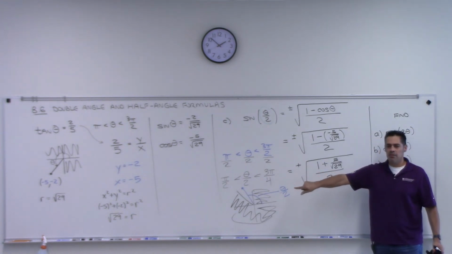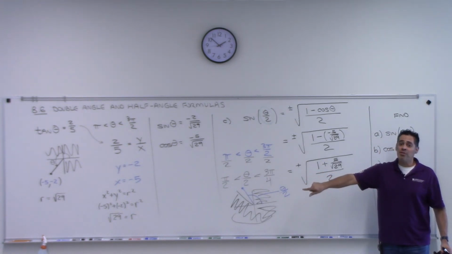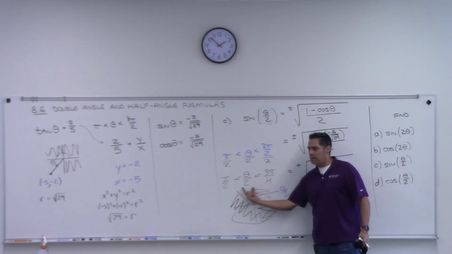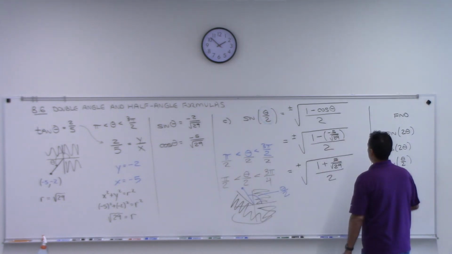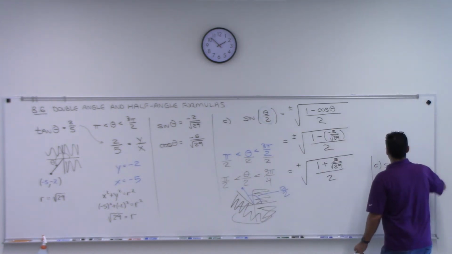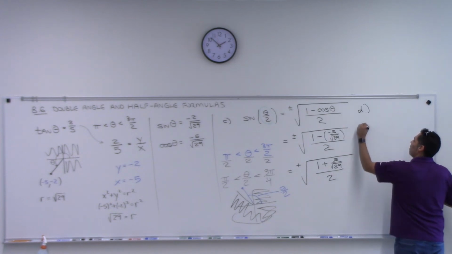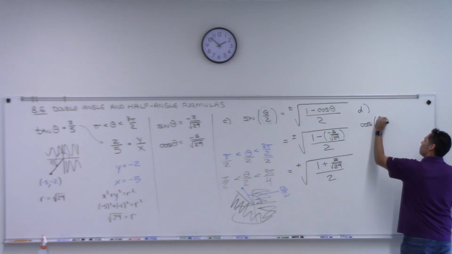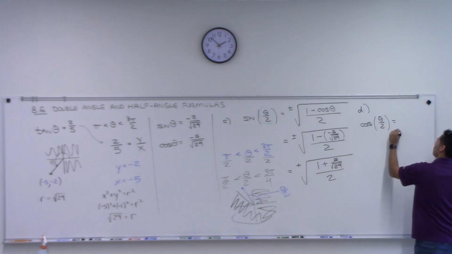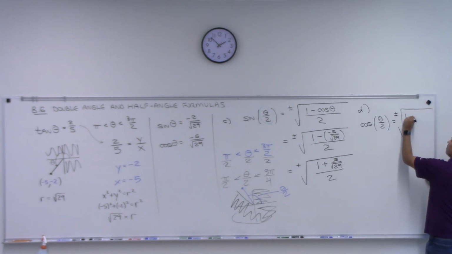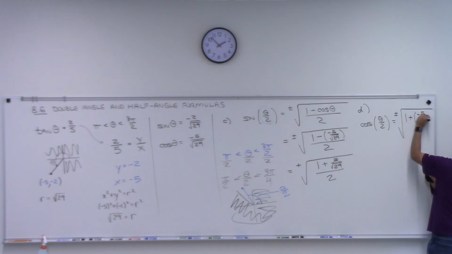Got it? What will cosine of theta over 2 be, though? It'll be negative, because I'll be over here, right? So let's do that one. That's part D. So for part D, I want cosine of theta over 2, which is going to be plus or minus the square root of 1 plus negative 5 over root 29 all over 2.